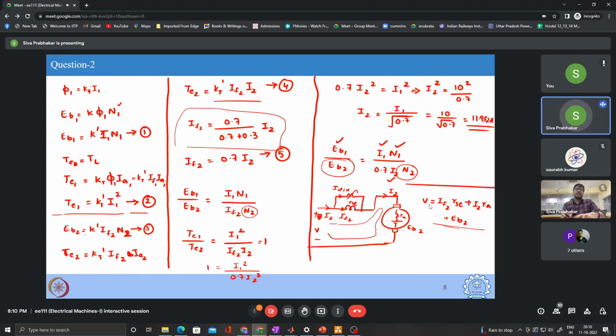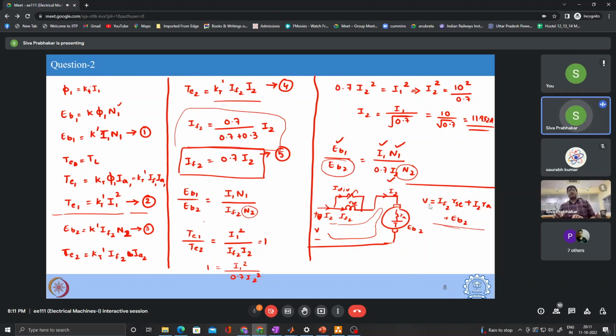And in the second condition, it is the new field current IF2 into N2, which is EB2, and the torque is IF2 into the armature current, which I am calling I2. And now I have substituted the value of the diverter resistance and the series field resistance. So I got a relationship between IF2 and I2, and it is that IF2 is 0.7 times the supply current.